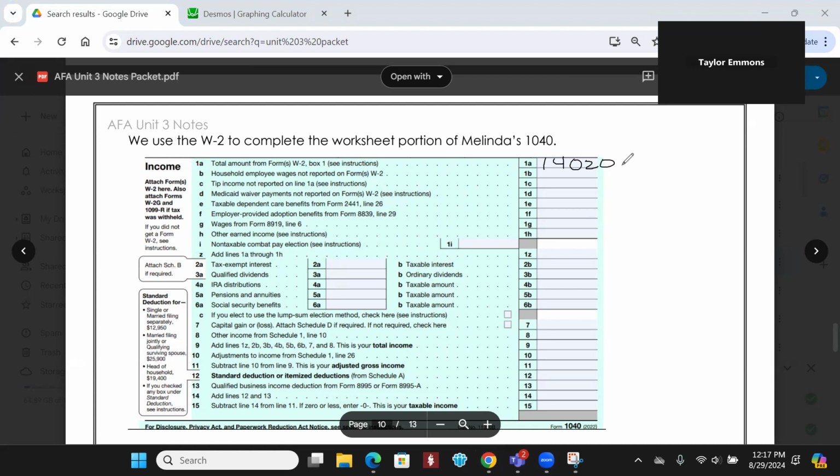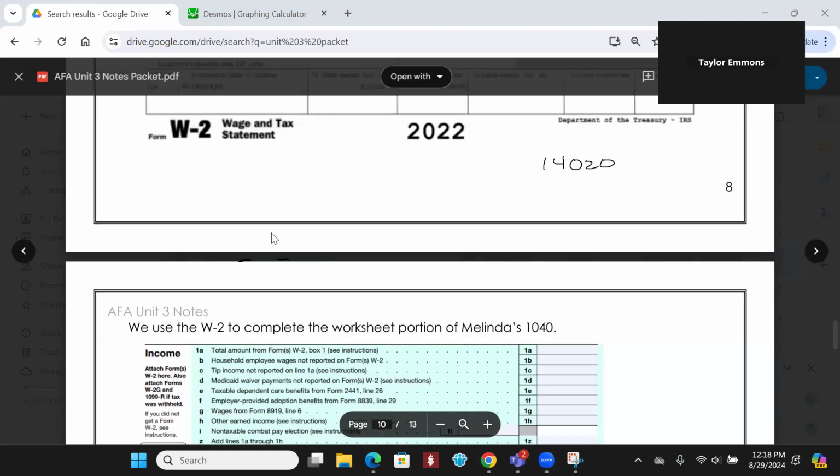Now, does she have household employee wages not reported on W-2 forms? Tip income not reported? She doesn't have that. We're going to skip down to 1Z, and we're going to add lines 1A through 1H, which she didn't have anything else going on. She didn't have wages from an 8919. She didn't have any other earned income. Look back at her W-2.